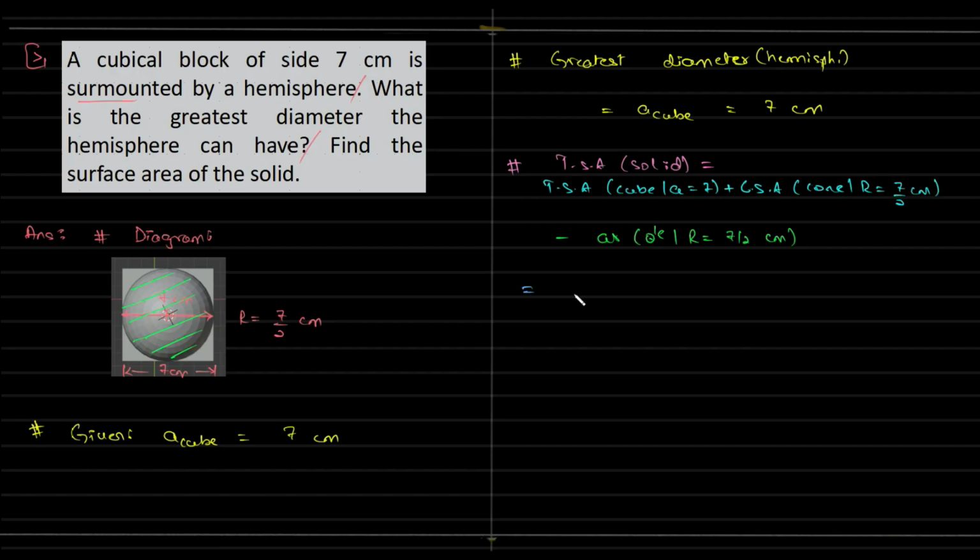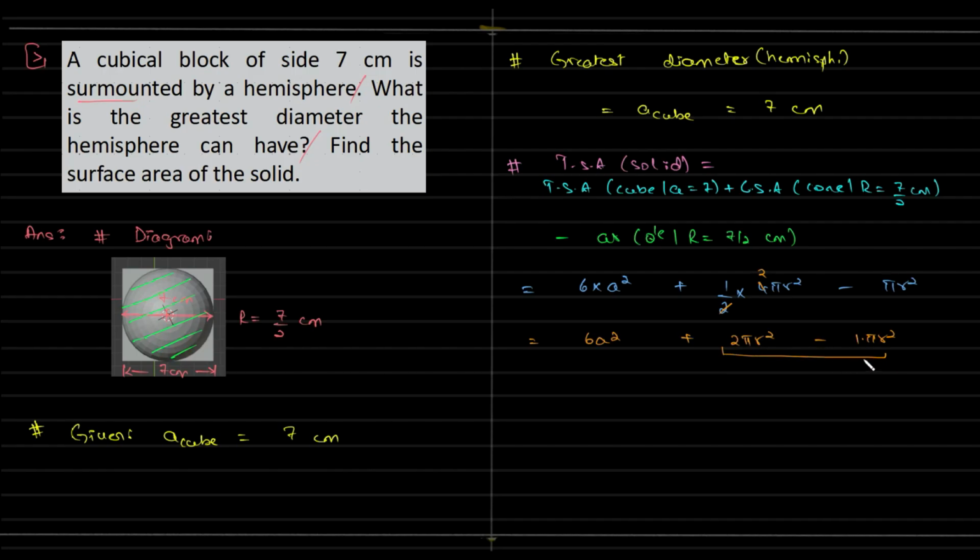So total surface area of the cube is 6 a square, plus this is half of 4 pi r square, right? Minus this is pi r square, right? Now, 2 ones are 2, 2 twos are. So I'm going to do something weird. Please don't freak out. Minus 1 pi r square.